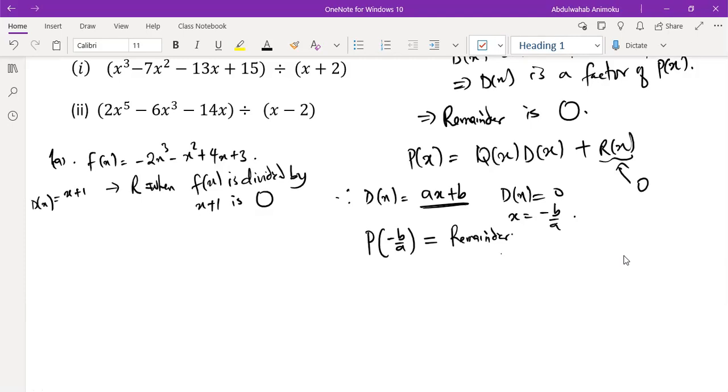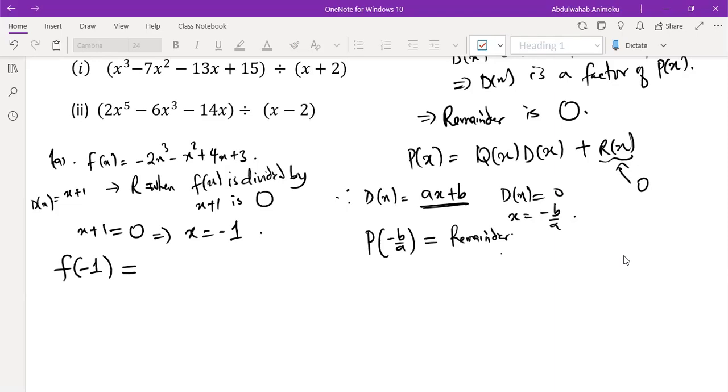So by the remainder theorem, of course, we need to first make x plus 1 equal to 0, which gives us x equal to minus 1. And then we need to find f of minus 1. If this gives us 0, it means the remainder when f of x is divided by x plus 1 would be 0.